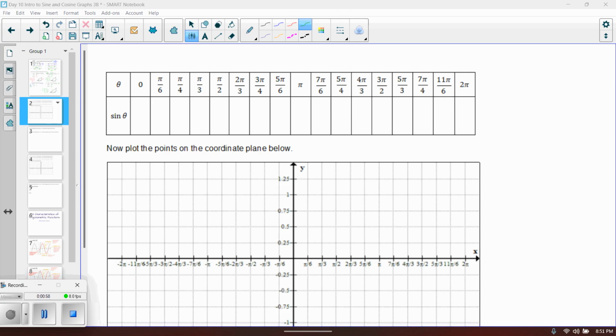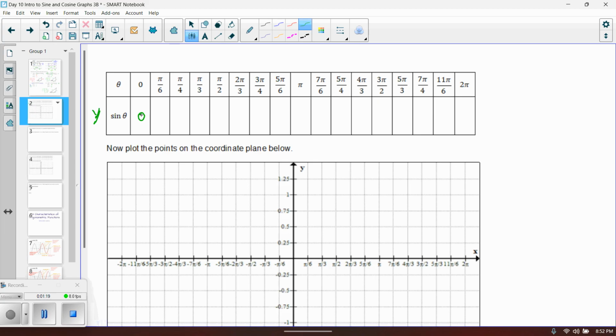So again, remember that sine is y. So you're going to look at all the y values at all these different unit circle values. If you go around the unit circle, when you look at angle 0, which should be on the positive x-axis, the y value there is 0.